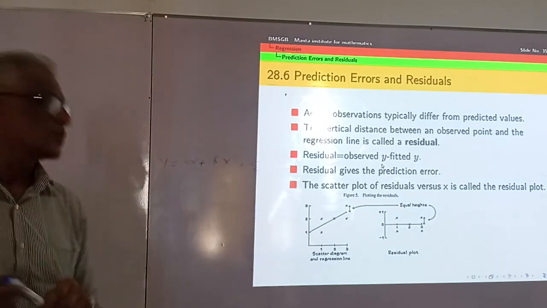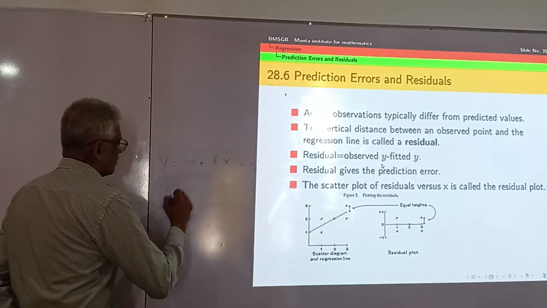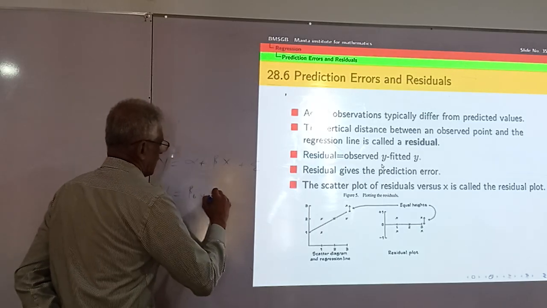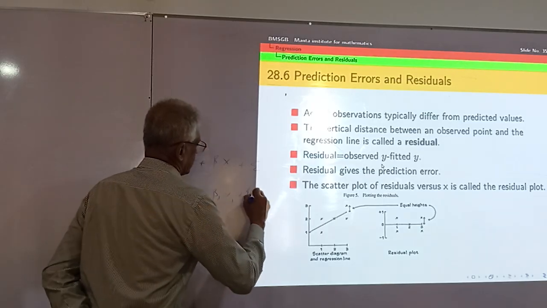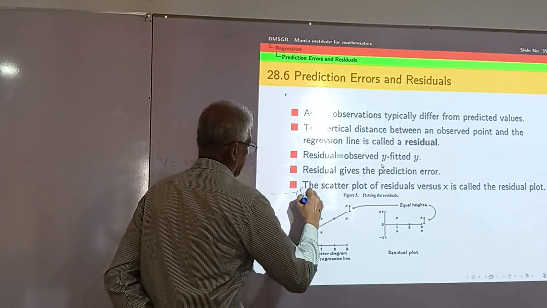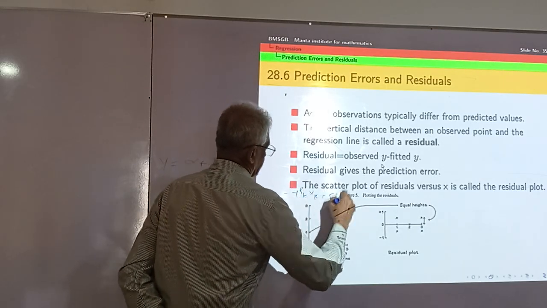But in multiple linear regression, y is equal to beta naught plus beta 1 x1 plus beta 2 x2 and so on up to beta k xk plus error. Right?